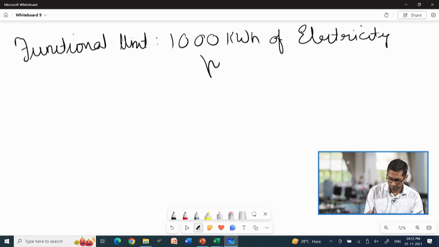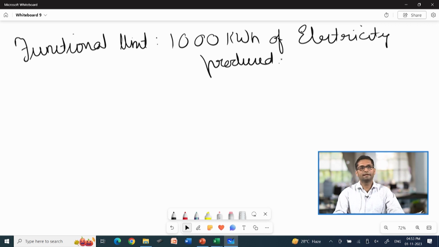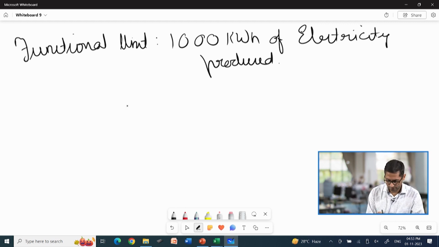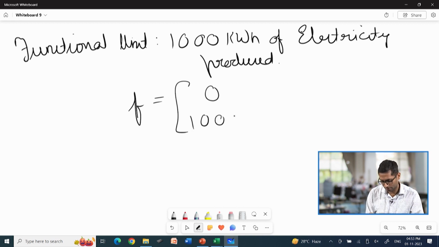So, I would want the processes to be adjusted such that at the end I would have 1000 units, or 1000 kilowatt hour, of electricity produced. So, my functional unit in terms of the matrix notation would be 0 and 1000.